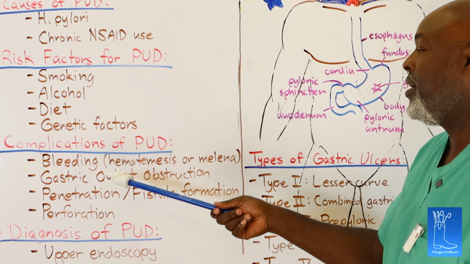Now, all of these are bad, but the most dangerous complication probably is a perforated gastric ulcer or a perforated duodenal ulcer. Most perforated ulcers are gastric, and they happen on the anterior aspect of the stomach.